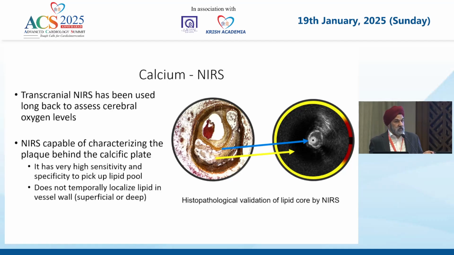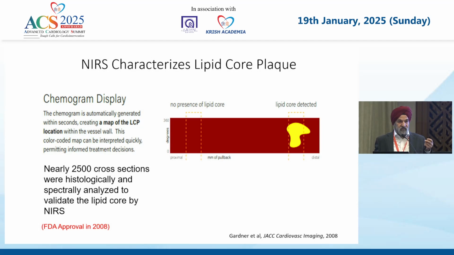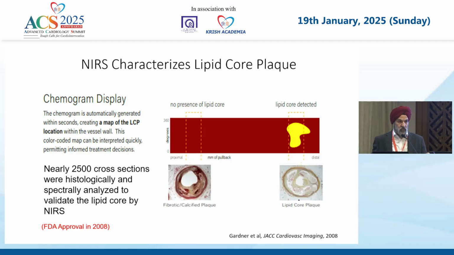The core localization of lipid histopathologically as well as on NIRS, but it temporally does not localize whether this lipid is superficial or is deep. So they did about 2,500 cross sections of cadaveric coronary arteries, and they found 95% sensitivity, specificity of NIRS to pick up the lipid pools.